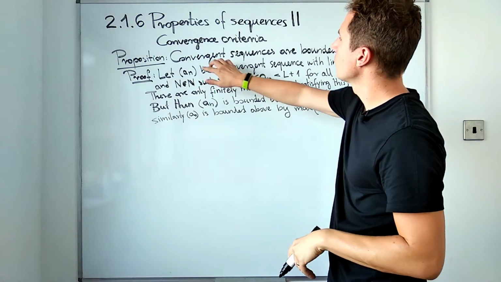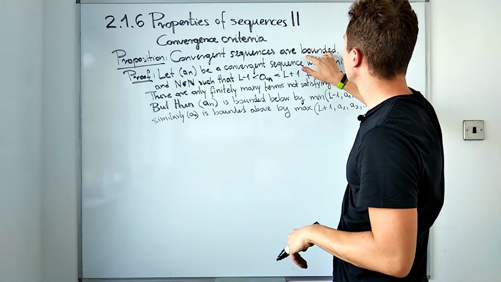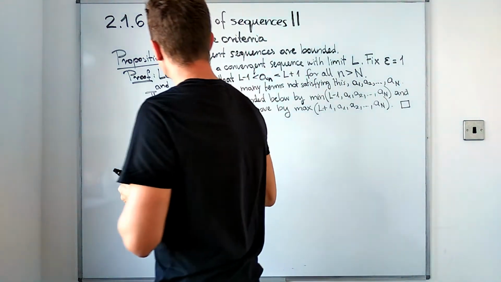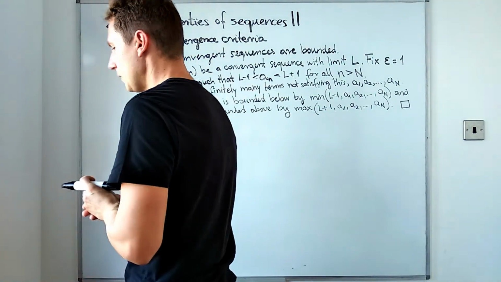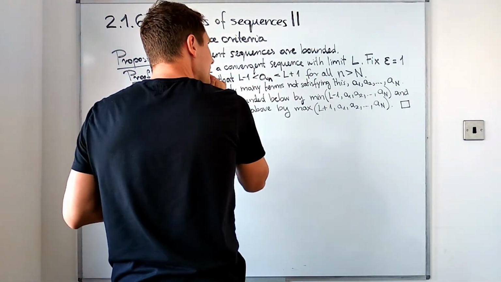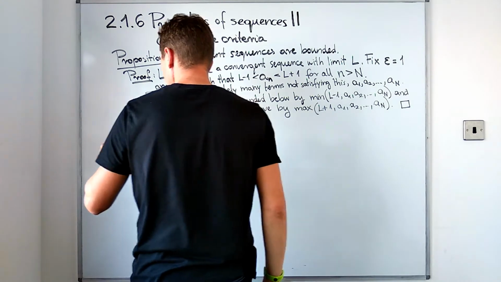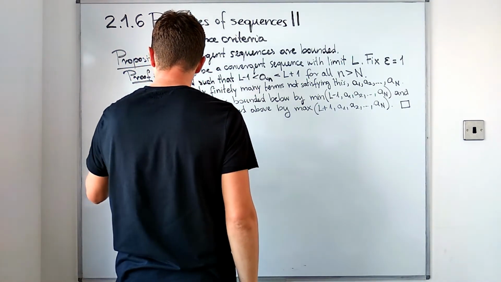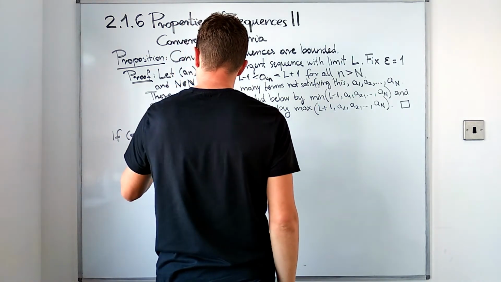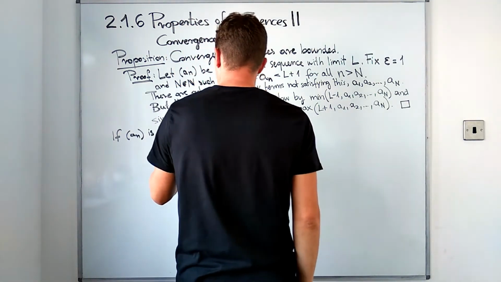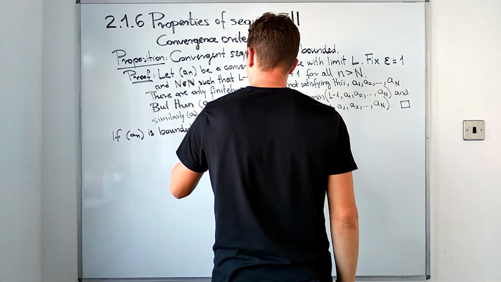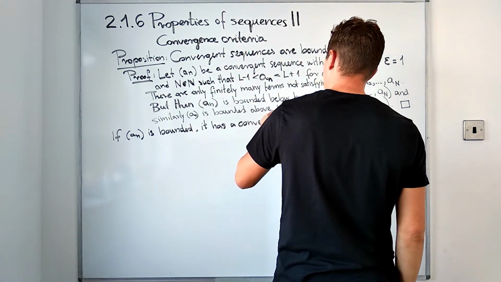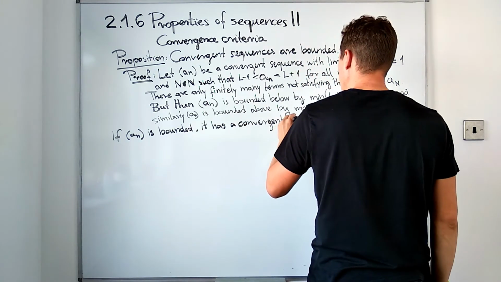So now we see that convergence will imply that the sequence is bounded. The other direction is not true, as I said at the beginning of this video. Now, what we can say is that if a sequence is bounded, so if a_n is bounded, it always has a convergent subsequence.